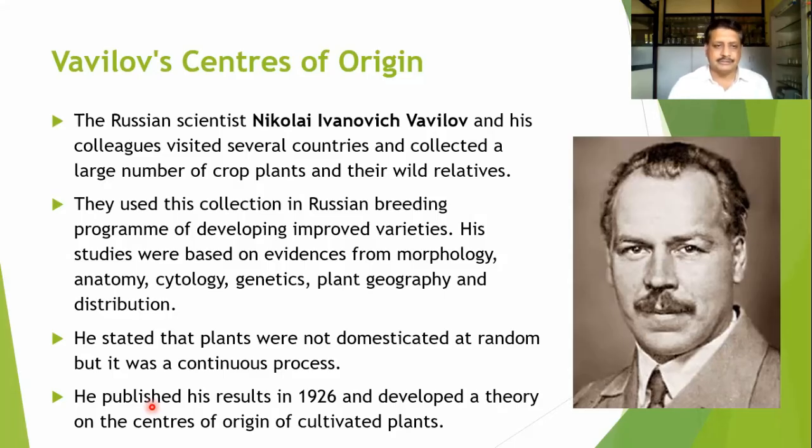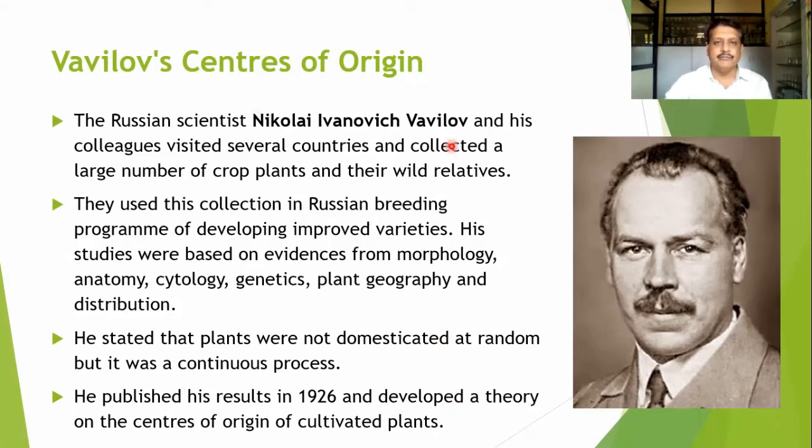He stated that the plants were not domesticated at random, but it was a continuous process. So it is a long life process which has been considered by Vavilov. And he published his results in 1926 and developed a theory of the centers of origin of the cultivated plants.